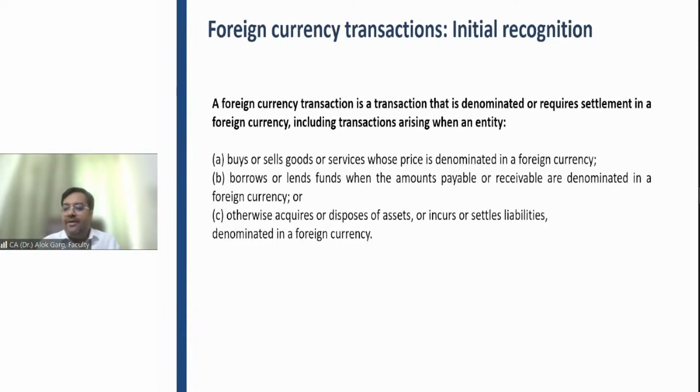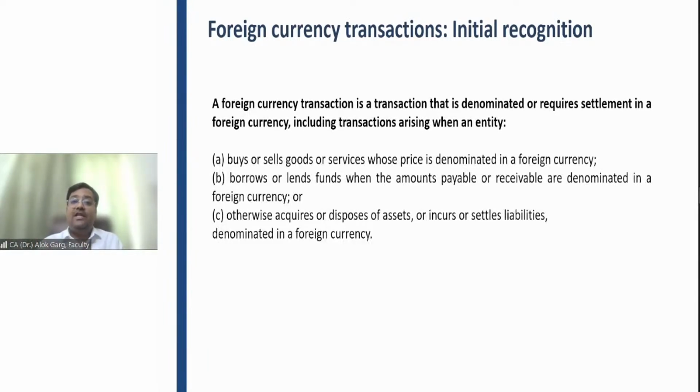But we are an Indian entity. We have to record this transaction in our books of accounts in INR, the functional currency. So now, how do we initially recognize this transaction, and at what value? The standard says that it has to be recognized at the spot rate.